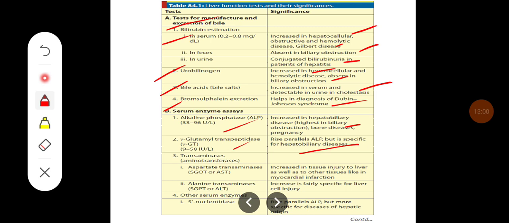AST and ALT are increased in tissue injury to the liver as well as other tissues, like in myocardial infarction, whereas ALT is fairly specific for liver cell injury. 5-nucleotidase rise parallels alkaline phosphatase, but it is more specific for hepatic disease.